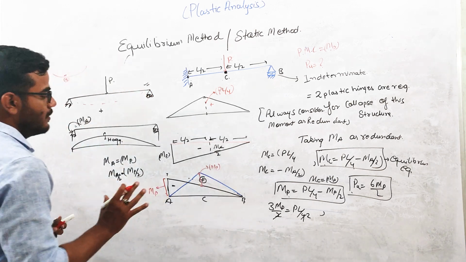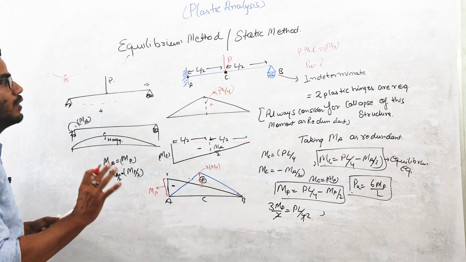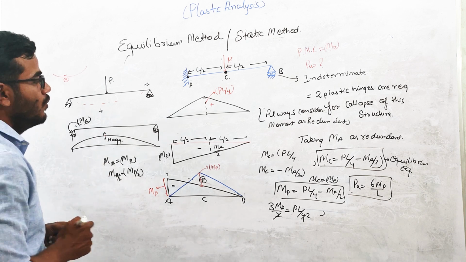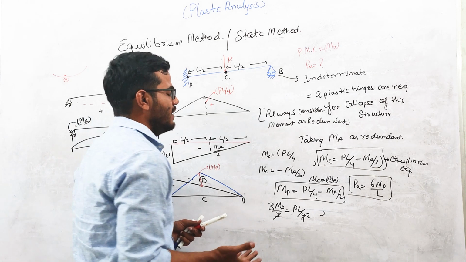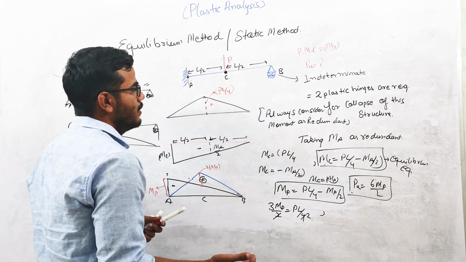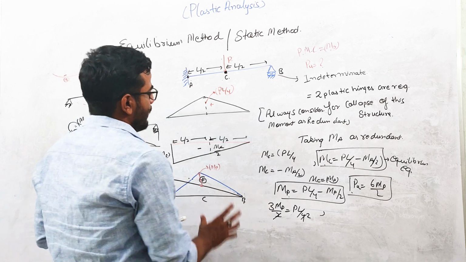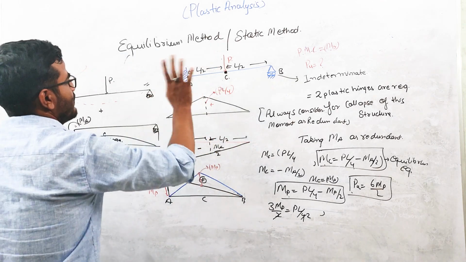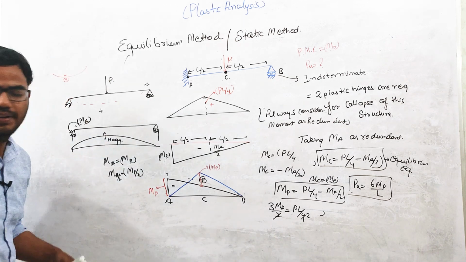After the formation of the two plastic hinges, this structure will collapse, right? So the equilibrium condition is satisfied because we have taken this equilibrium equation. Mechanism condition is satisfied, two plastic hinges are formed. Now let us check the yield condition.